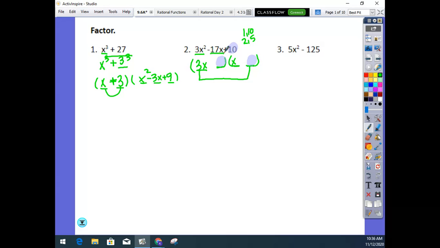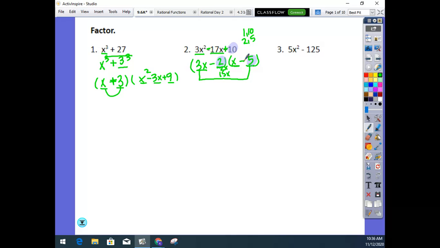We need to get up to 17. We're going to add to get 17. This number, though, will get multiplied times the 3x. So we're going to put the 5 in this spot and the 2 here, because 3 times 5 is 15x and 2x. That's how we get our 17. Now to get negative 17, negative, negative.